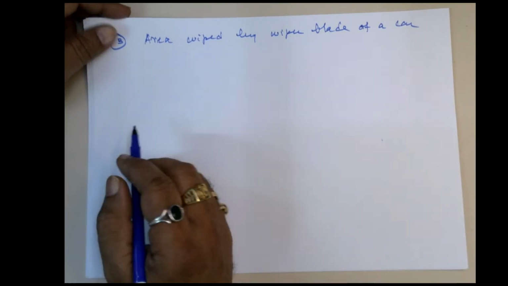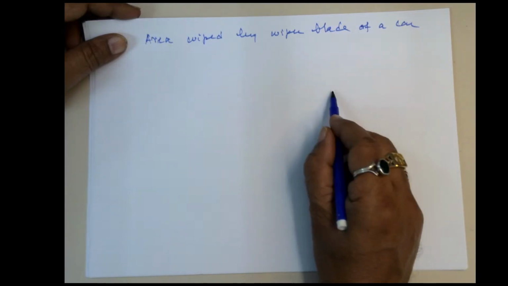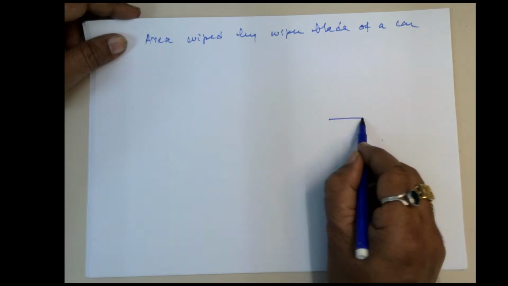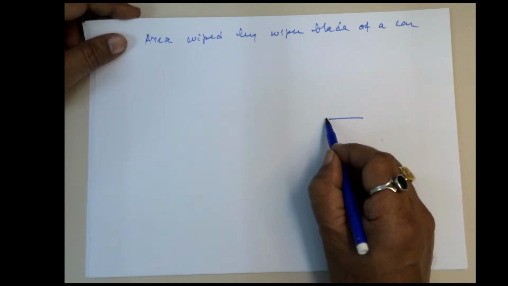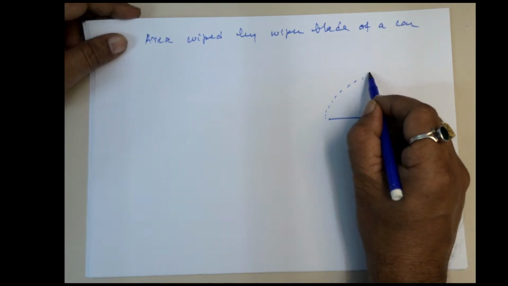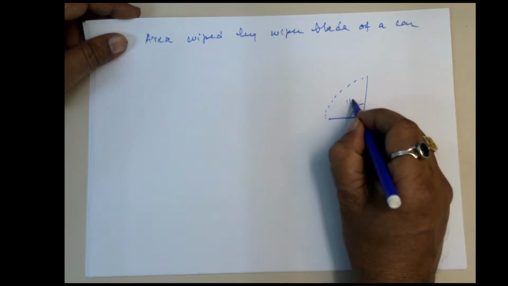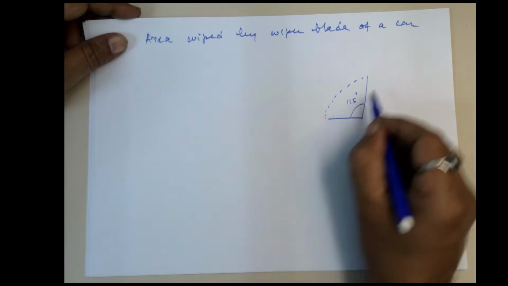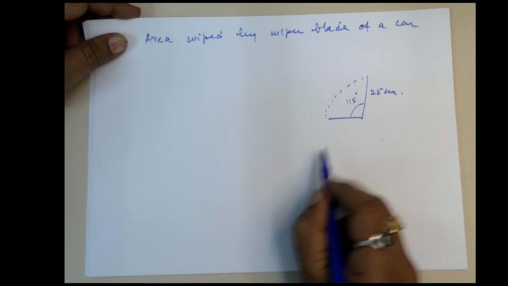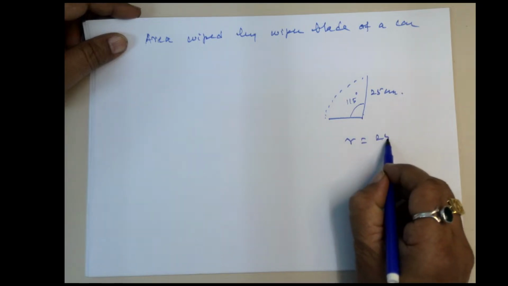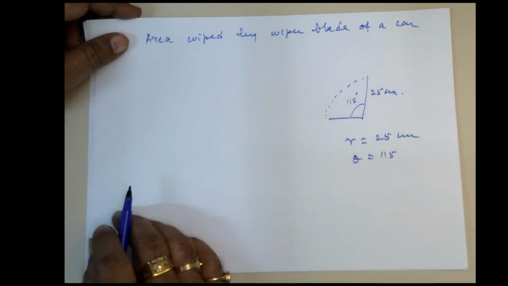Now let us consider the car wiper hand. So it will go like this, is it not? It makes an angle of 115 degrees, and the handle is 25 centimeter. So in that case R is equal to 25 centimeter, theta is equal to 115 degrees.